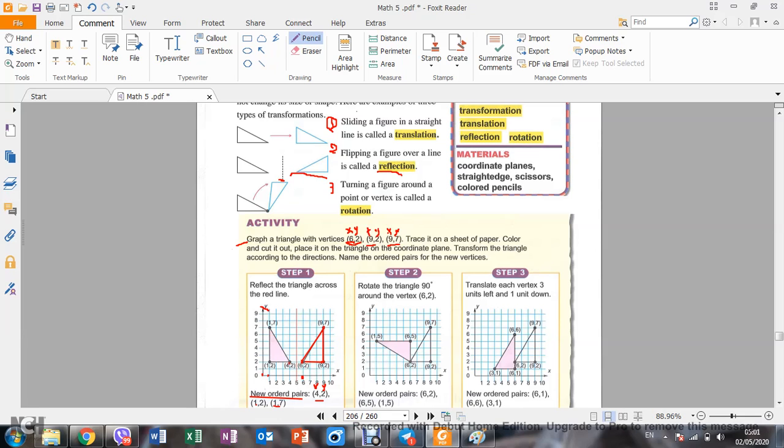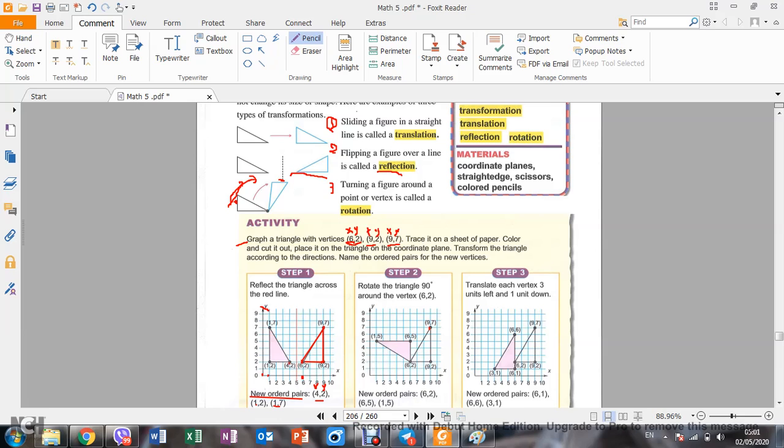For example, we have a point here, only this point, from left to top, from top to left or right, from right or left to bottom or top, only one movement.